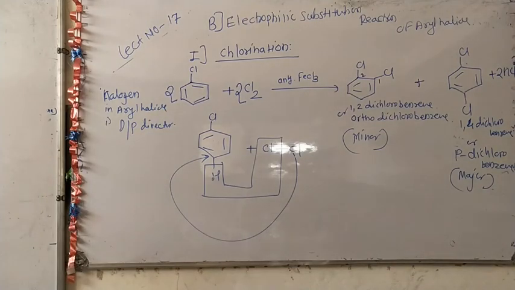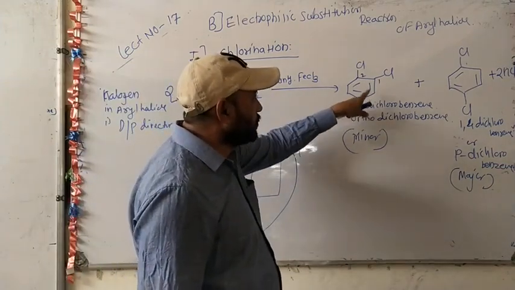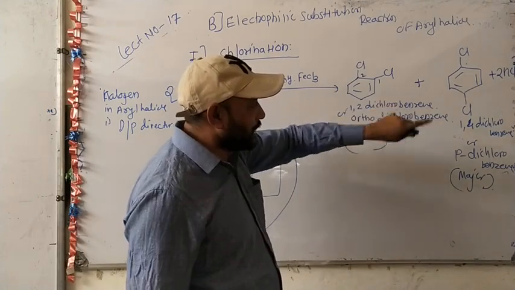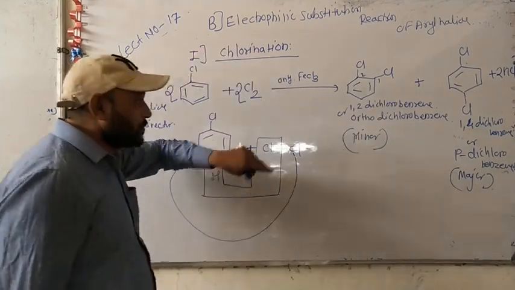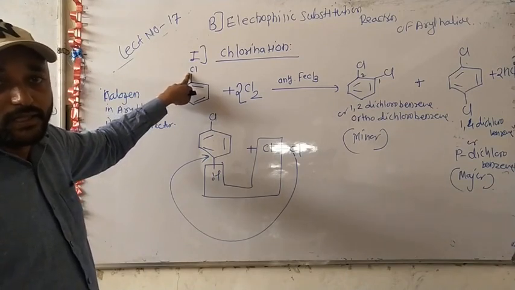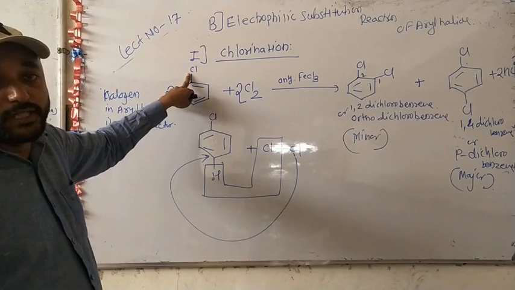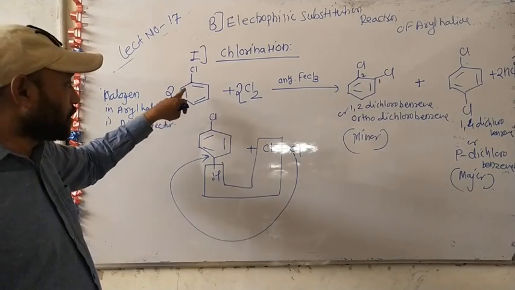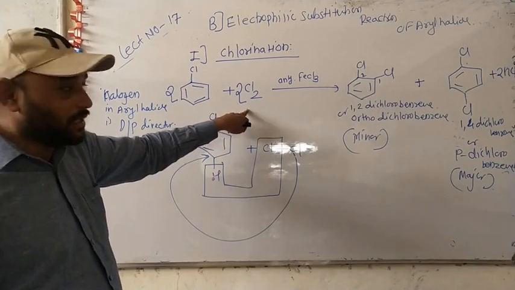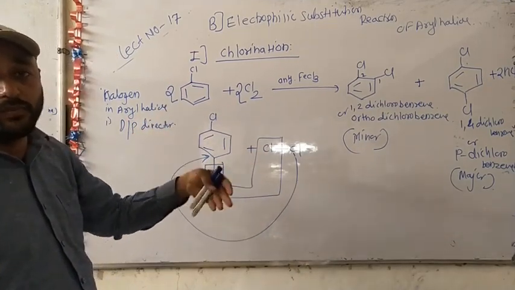So chlorination of chlorobenzene gives two products, ortho-dichlorobenzene and para-dichlorobenzene. Why do we obtain the two products? Because chlorine is ortho-para director, and that's why electrophilic substitution occurs at ortho position and para position. For ortho, we take 1 molecule of chlorobenzene and 1 molecule of chlorine, and for para, we take another molecule of chlorobenzene and another molecule of chlorine.